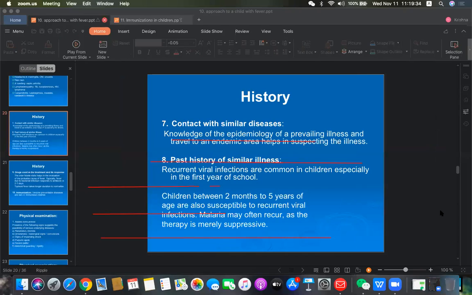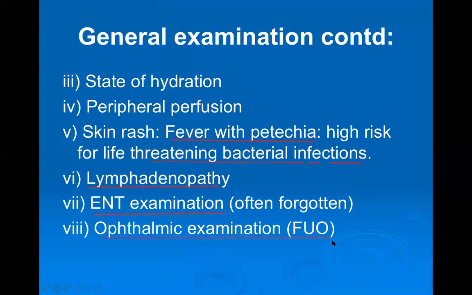Okay, ophthalmic examination is done in case of pyrexia of unknown origin or fever of unknown origin. FUO is fever of unknown origin. Even with extensive investigation, either as an outpatient or inpatient, you have not yet reached the diagnosis.